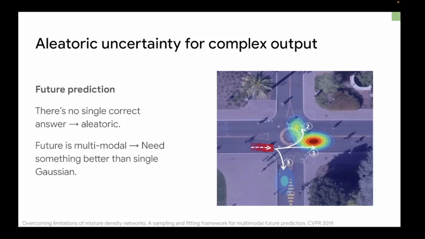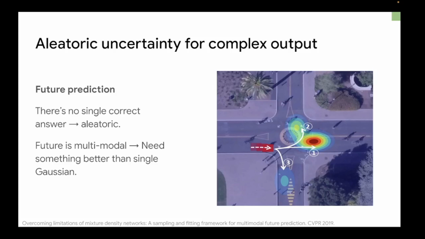If you think about future prediction, like it's a self-driving car and you wish to understand whether the pedestrian who's waiting for the light for the crossing is going to cross it or not, there's no single correct answer, or you probably don't want to put too much bet on a single answer here. So there's a natural aleatoric uncertainty in future prediction.